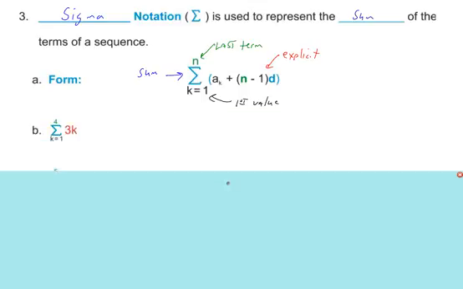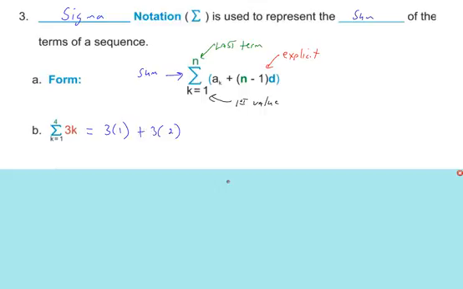So let's apply it. If you look at B and you have sigma notation, you need to sum the first how many terms? 4, right? The first 4 terms. What would be the first term? K would be 1. The second term?